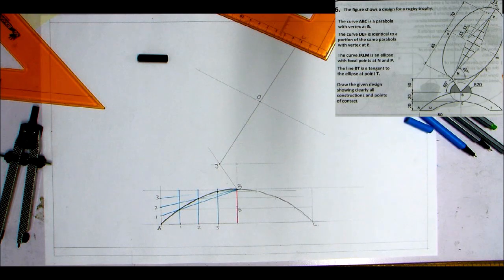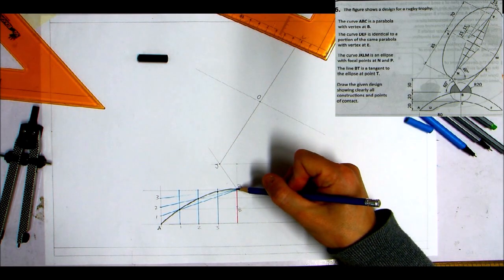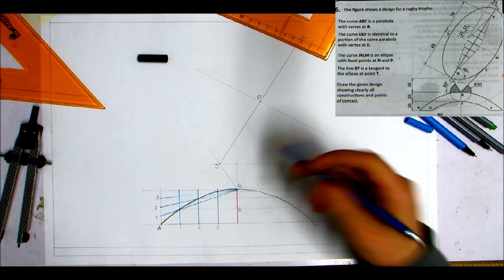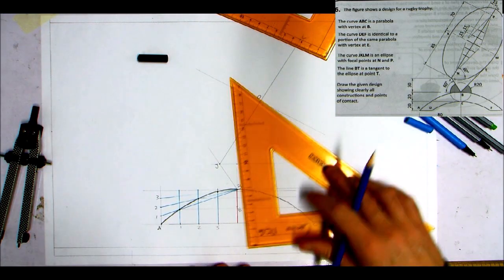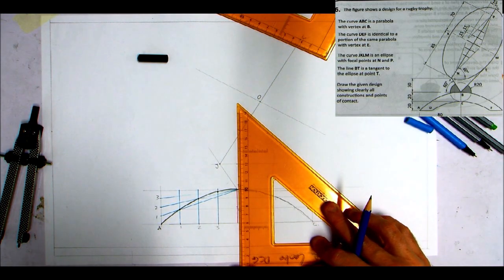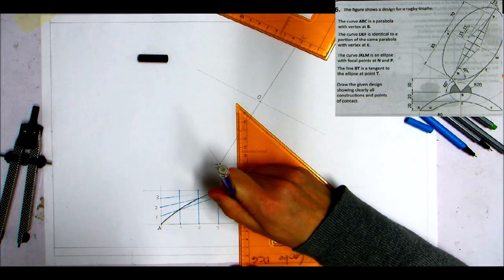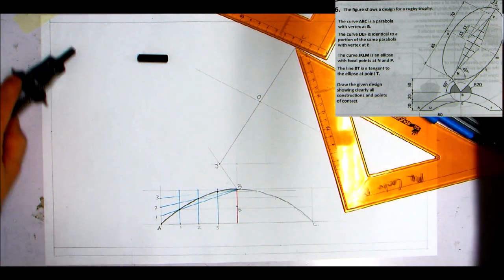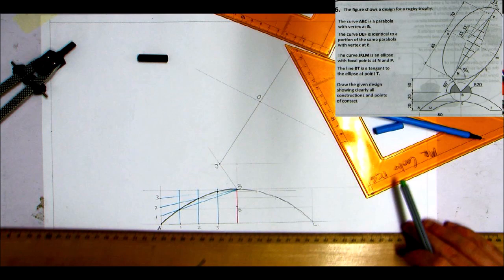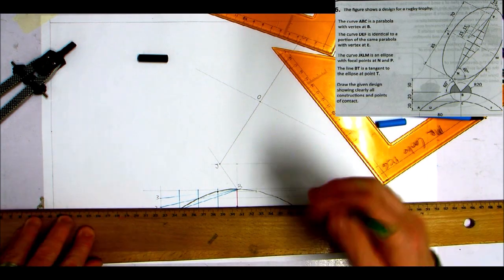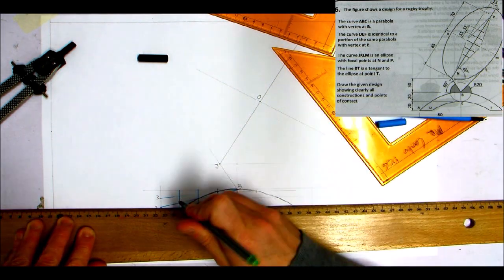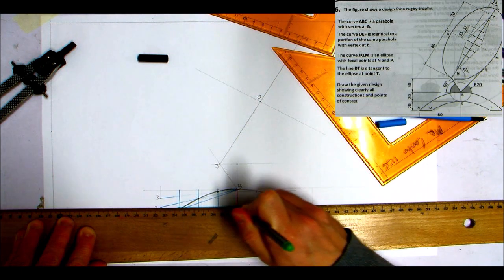So if I take that measurement from the original parabola, if I come down 20 millimeters, my green line is going to cut that original parabola. So this green line that you're going to see is cutting the original parabola, like so.